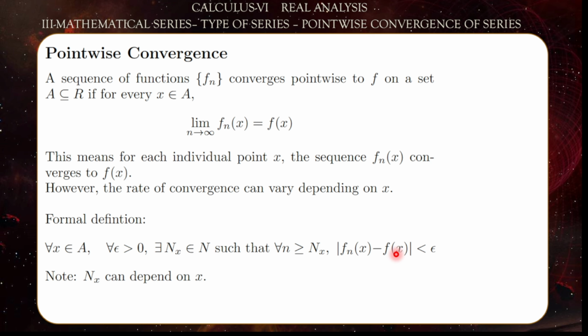For n very large, the terms of the sequence approach the value f(x). For the same x, fn(x) is very close to the actual value of the function at point x. In other words, in absolute value, the distance between them is less than epsilon, a very small gap. And note that N can depend on x as well.